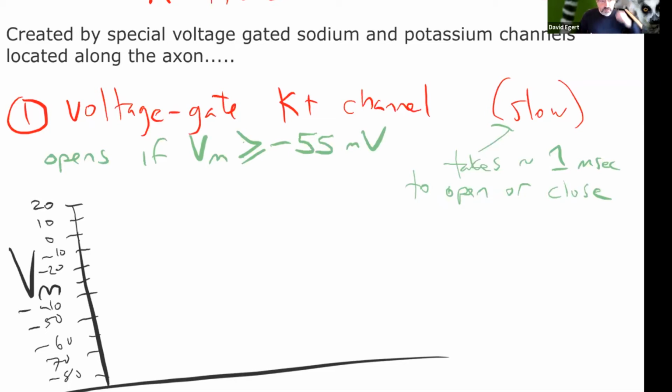So remember V sub M, what is the voltage of a resting neuron we mentioned last time? Around minus 70. Exactly. So a neuron at rest is around minus 70. This threshold here is right here.